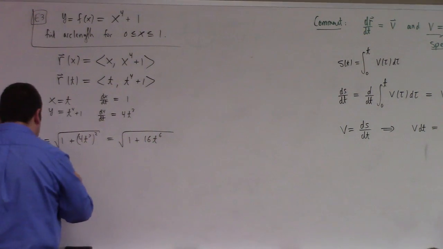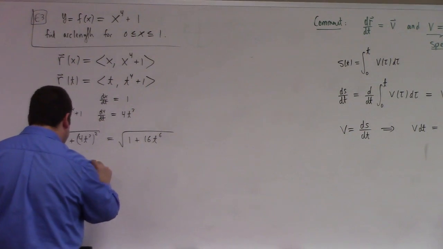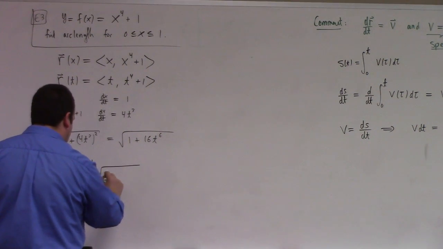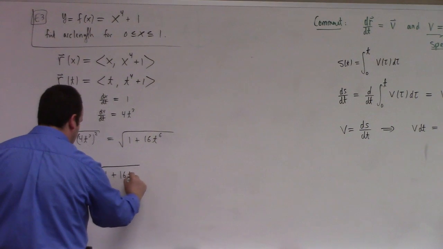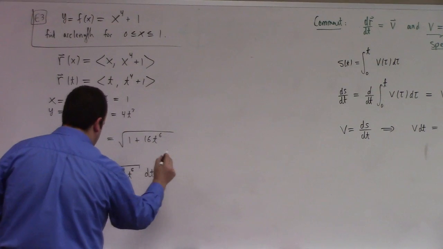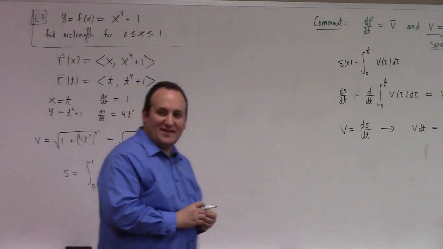All right, so the arc length is going to be the integral from 0 to 1 of the square root of 1 plus 16 t to the 6th power dt. No. This is just unpleasant.